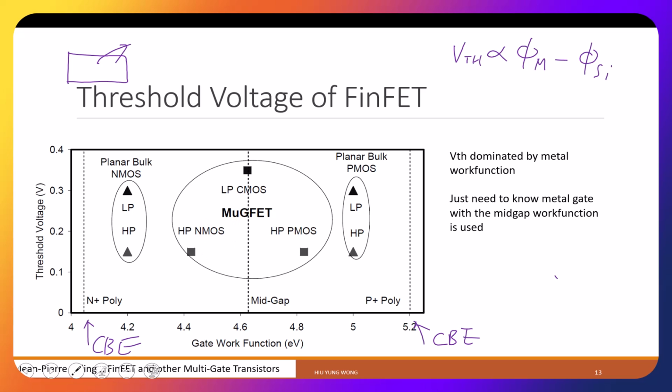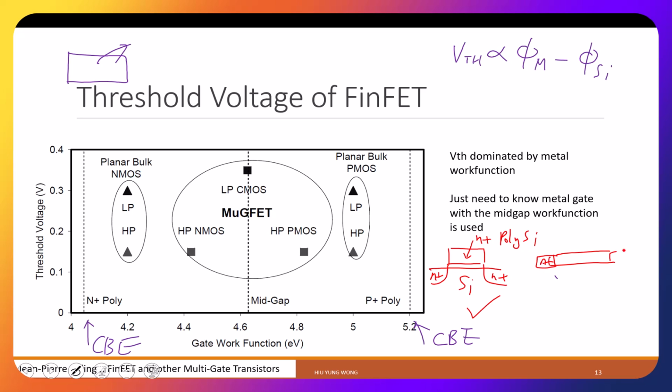Oh, yeah. So let me say it clearly, right? This is the old technology. When you have bulk, you may have N plus polysilicon, and this is silicon, this is N plus, this is N plus. So this is a good transistor. But now when you have FinFET, I treat it as a double gate.